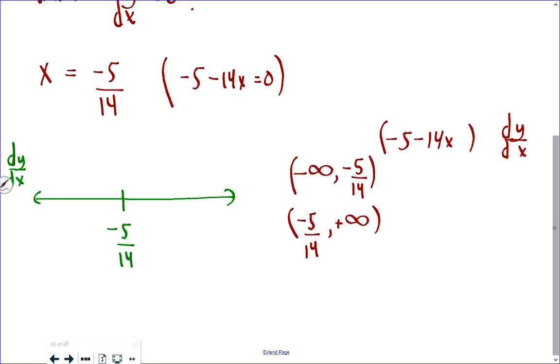So take any number you want, and you don't even necessarily have to calculate it. You can think about what's going to happen. Like negative 10 million: ask yourself what this factor is going to be. You're going to get negative 14 times negative 10 million, which is an incredibly large positive number, plus that negative 5. It goes from being positive to negative.